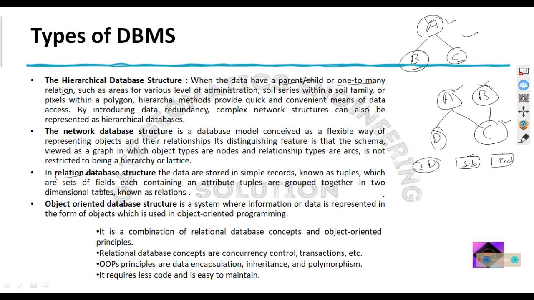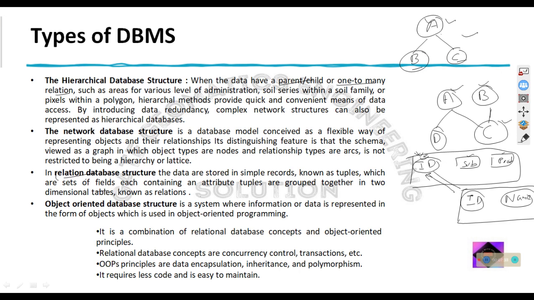There is one table based on ID, subject and professor, and this student may have many other parameters like the name of the student. So there is another table, ID and name. This ID is a unique thing. Based on this ID, this is one table and this is another table, and based on this ID only, these two tables can be related.